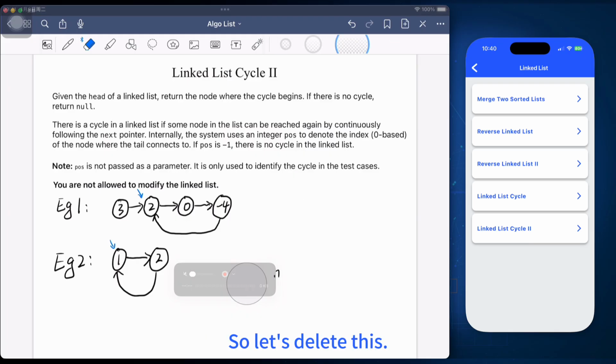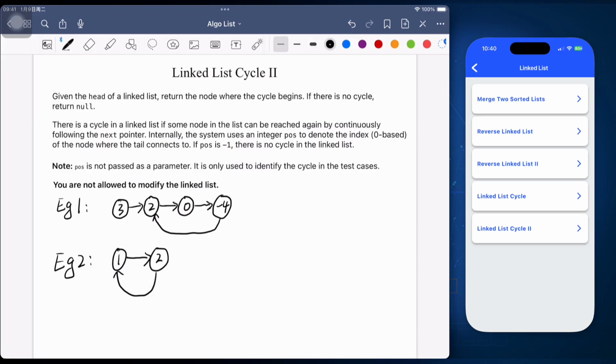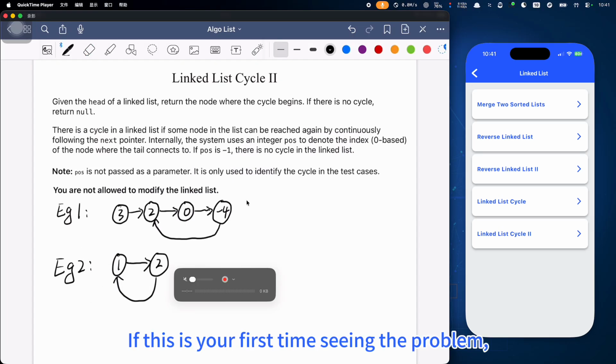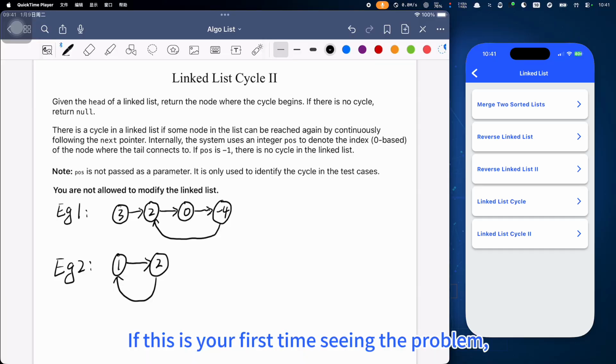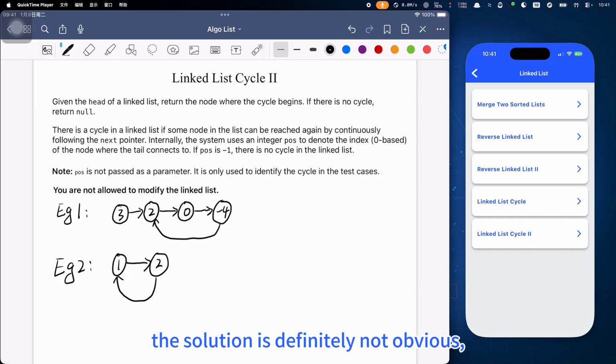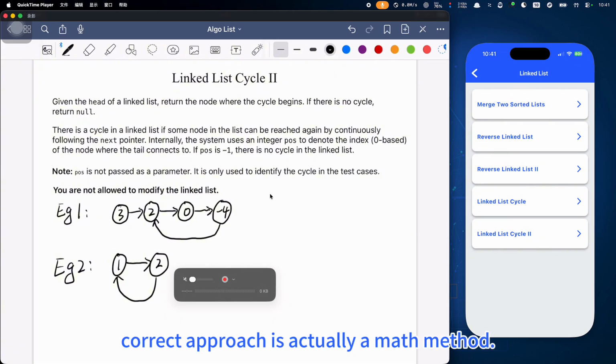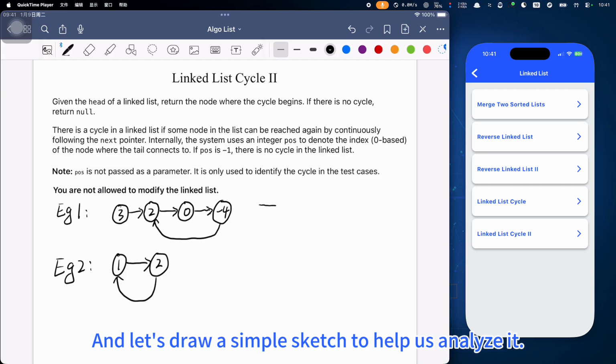So let's delete this. If this is the first time seeing the problem, the solution is definitely not obvious because the correct approach is actually a math method. And let's draw a simple sketch to help us analyze it.